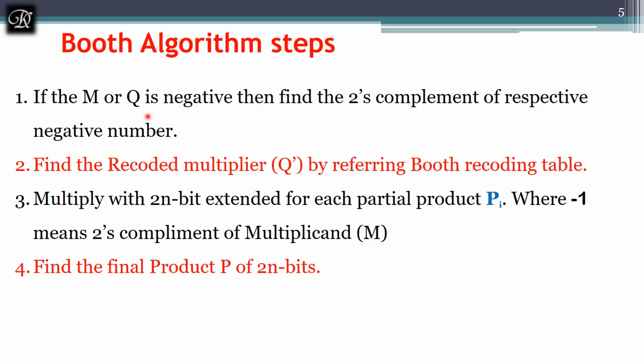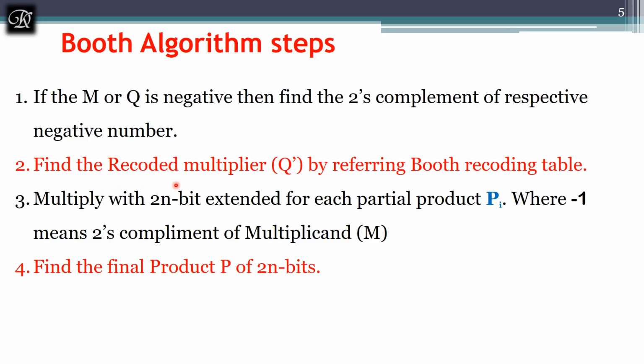Because that is the negative version of the given number in a computer. That is how we represent it. Once you find the binary version of them and check whether the numbers are negative, if they are negative, find the 2's complement. Otherwise, don't find the 2's complement.